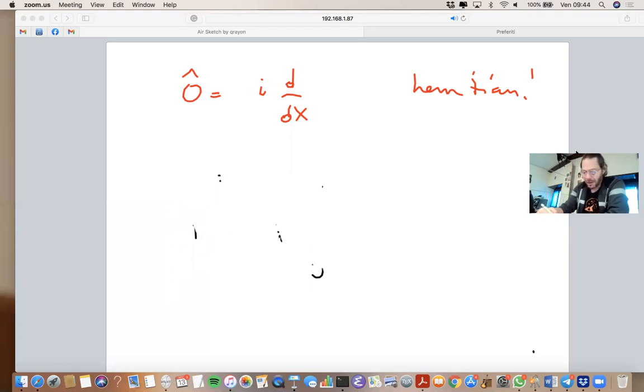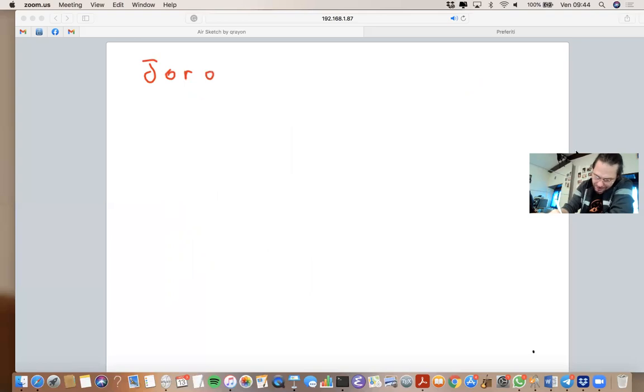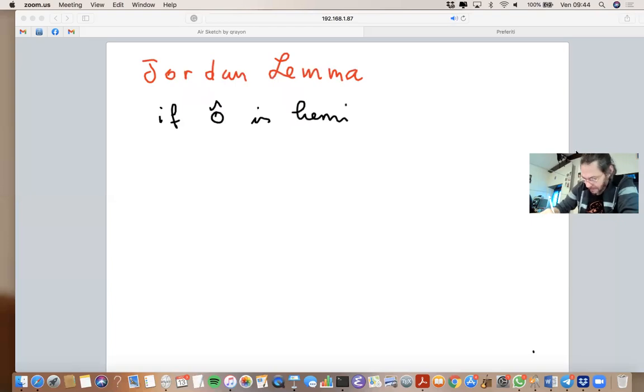Now, why bother about the Hermitian operator? Because the theorem, the Jordan lemma, states an important point. If O is Hermitian, then one, it has a complete set of eigenstates.